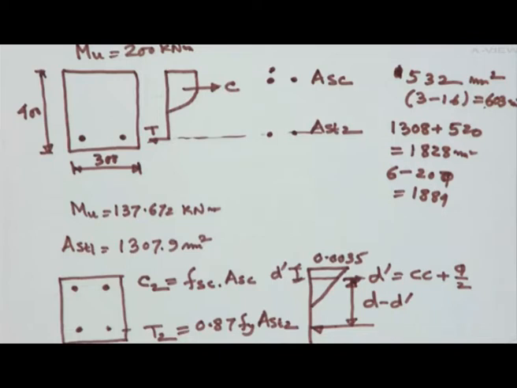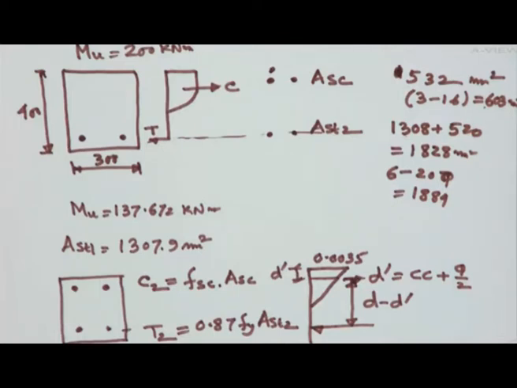So this is the way you can find out these values. I hope that it is clear, because life could be very simple if you provide the same diameter bar. But as you all know, life is not so simple. Life is very complex.